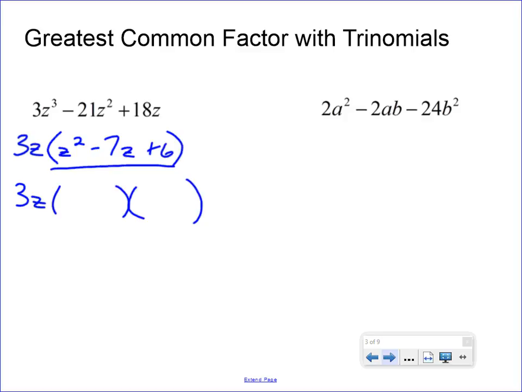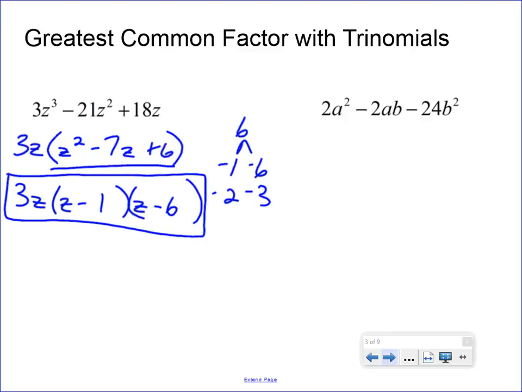And again, I'd have a z and I'd have a z. I'm thinking factors of 6. Factors of 6 would be like a 1 and a 6, 2 and a 3. If we look at our patterns, the last number is a positive, but the middle term is a negative. So I would know that I'd need two negatives. So if there are two negatives, then these would all have to be negatives here. Are there any sets that add up to a negative 7? And the answer would be yes, the negative 1 and the negative 6. So this right here would be your factored form.